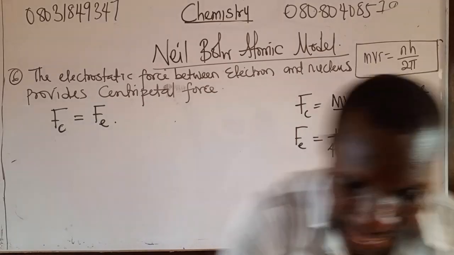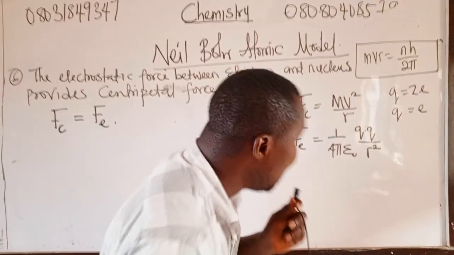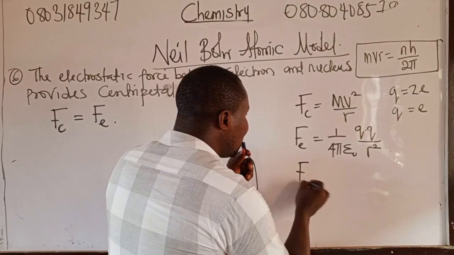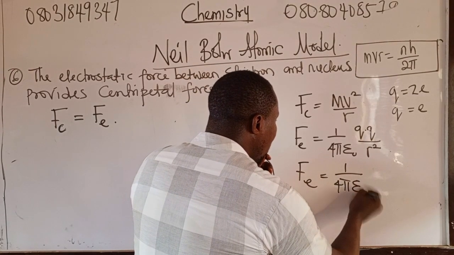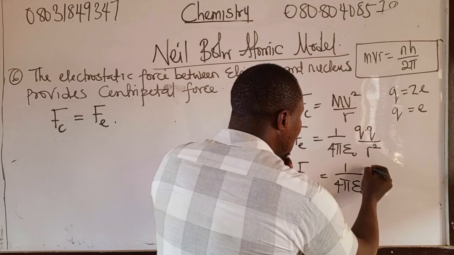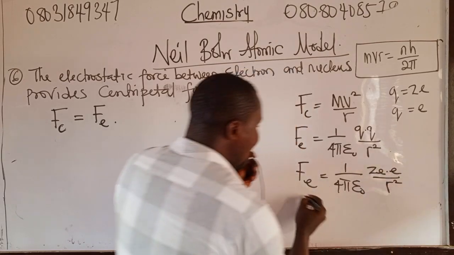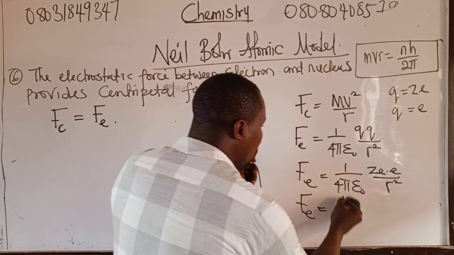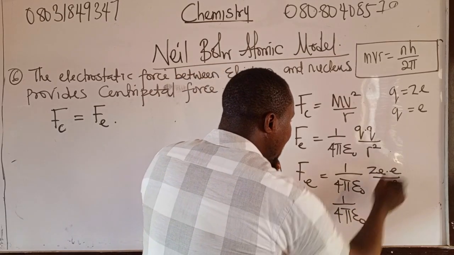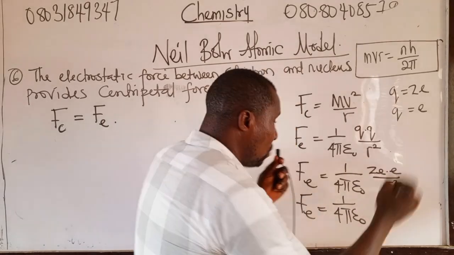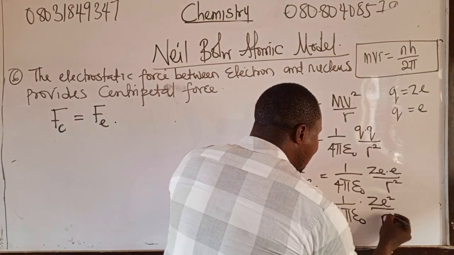Substitute that into this. I will have electrostatic force equal to 1 over 4 pi epsilon naught, then Ze times e over r squared. Z times e times e gives e squared. So we have electrostatic force equal to 1 over 4 pi epsilon naught times Ze squared over r squared.